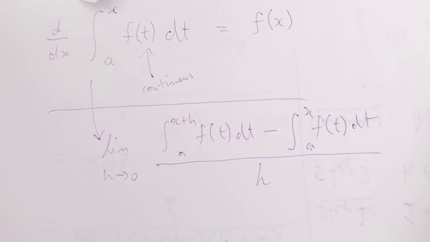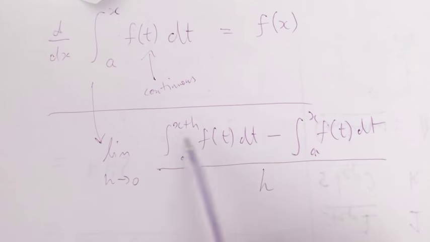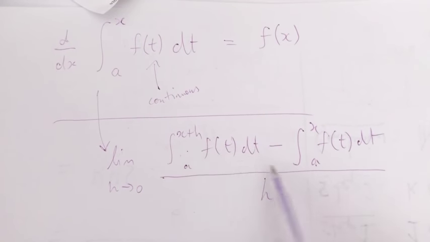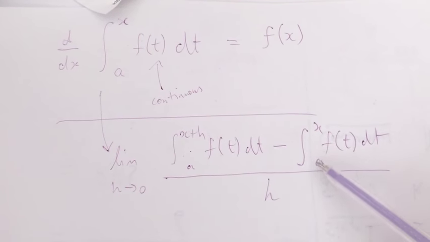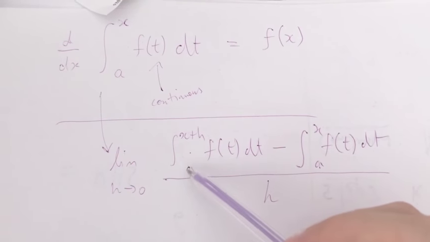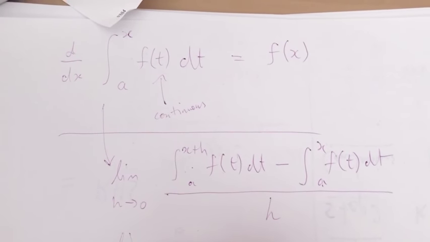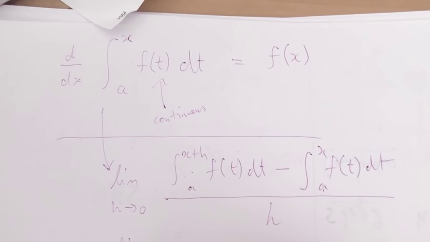Okay, and if you see how these integrals interact, the area from a to x will cancel with the area from a to x here, so you're left with just the area from x to x plus h.